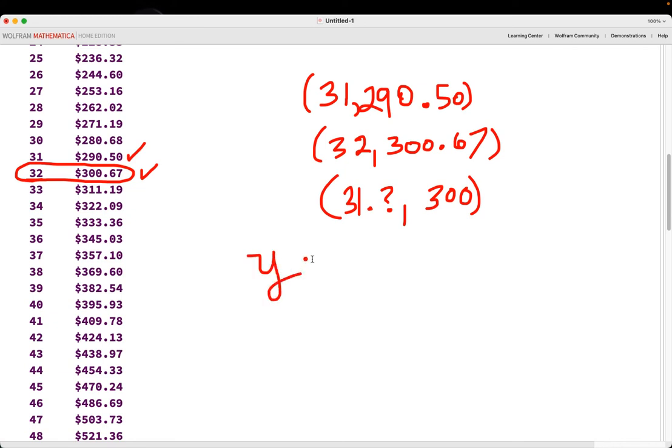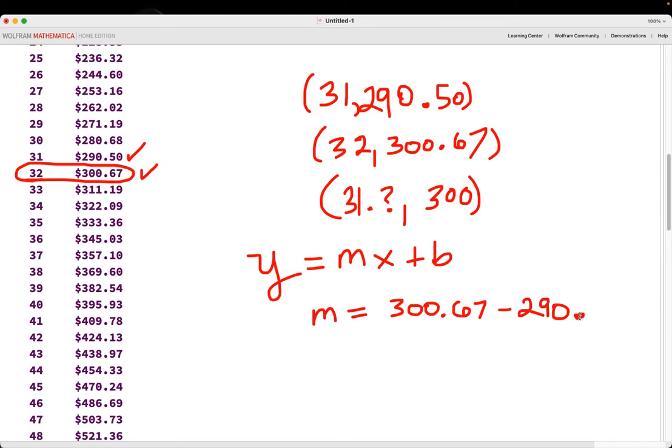So we can use the equation of the line mx plus b, and m, the slope, is going to be 300.67 minus 290.50, divided by 32 minus 31, which of course is 1.